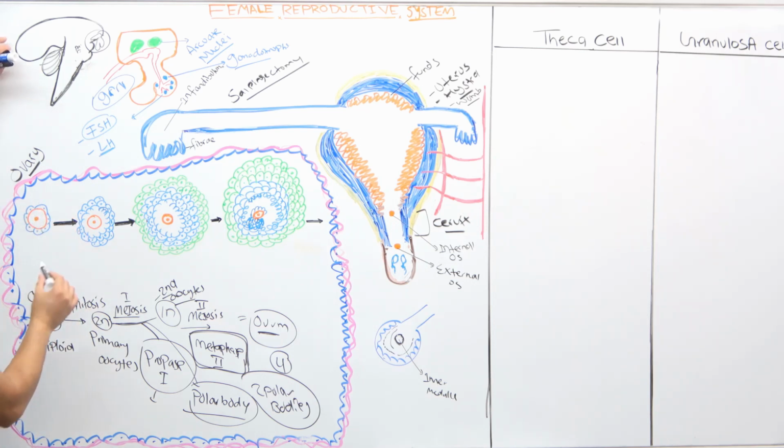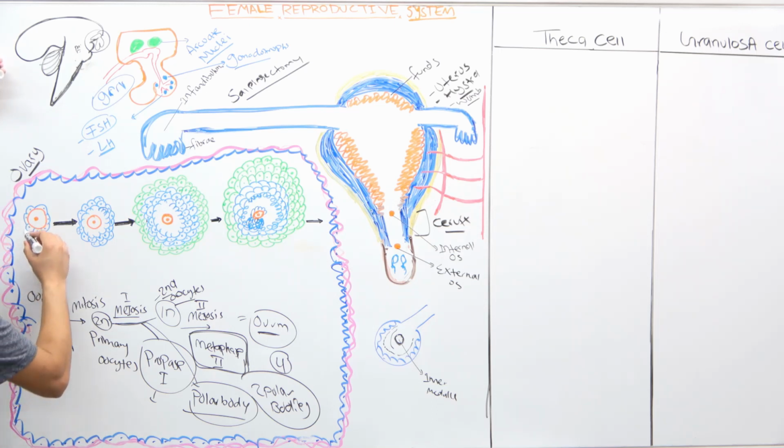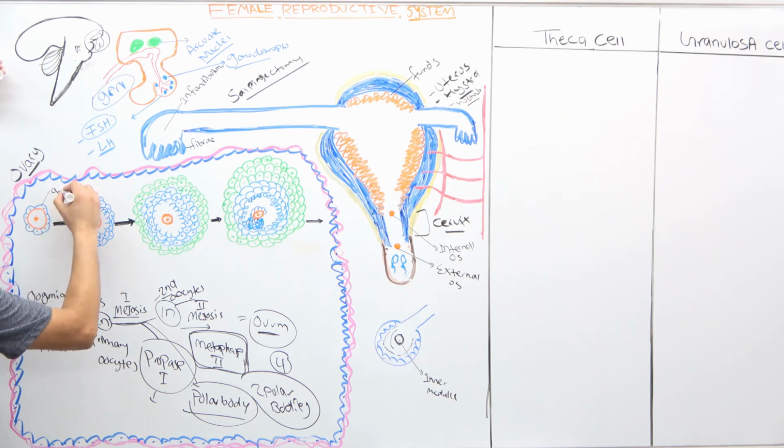When this oocyte comes here, there is connective tissue around it, and they make layers, a single layer of this flattened epithelium, as you're going to get to see. And this oocyte is lined by this single layer of cuboidal epithelium. These cells in this blue, we call them granulosa cells. Let me write it. We call them a granulosa cell, and this is going to be my oocyte in the middle.